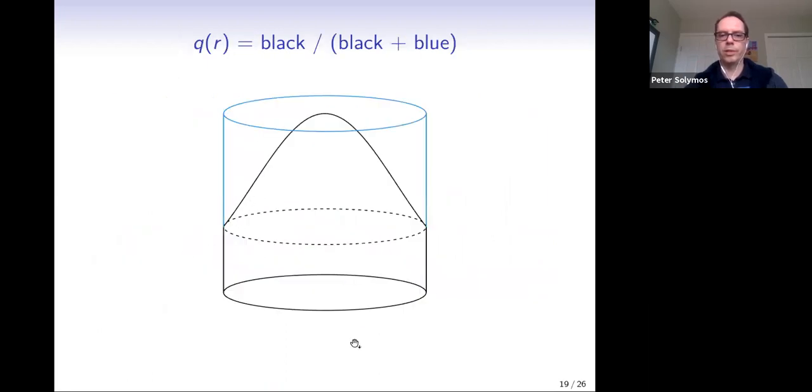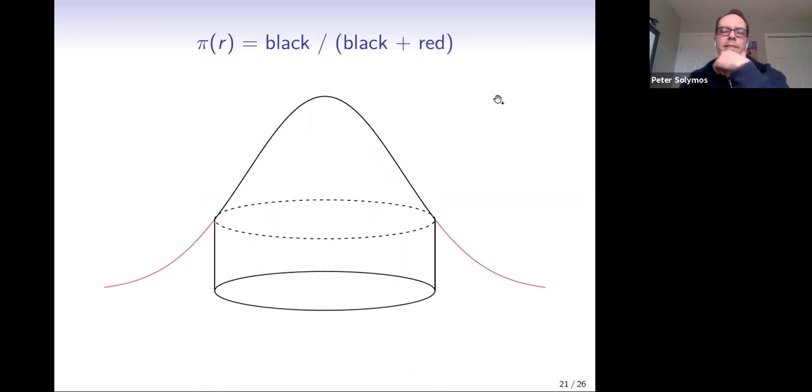If I now put an even larger cylinder around it, I get a different probability. And I can keep doing this, or I can put an even smaller one. And then that cumulative distribution that I get after increasing the size of the cookie cutter, that's how we are going to get different Q of R values, which are then going to be proportional to the counts we are getting from each of these distance bins.